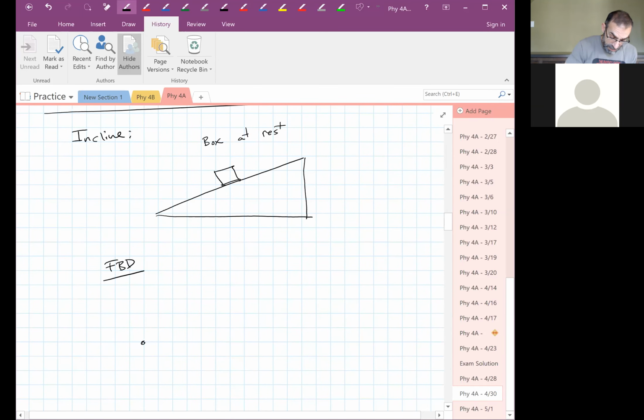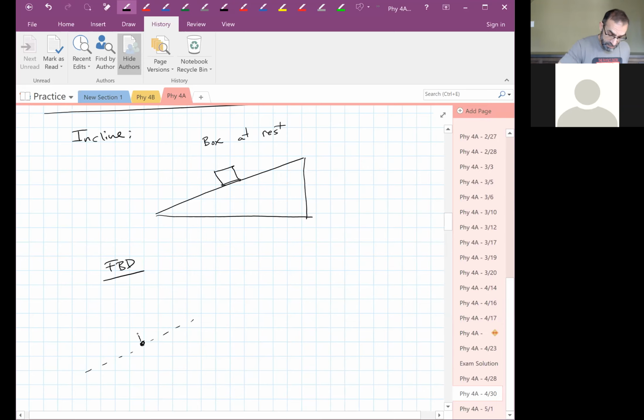If this is my box and this is my incline, then what's touching my box? The surface. The surface can interact 2 ways, right? Through a normal force that's perpendicular or normal to the surface. So that would be this one here.